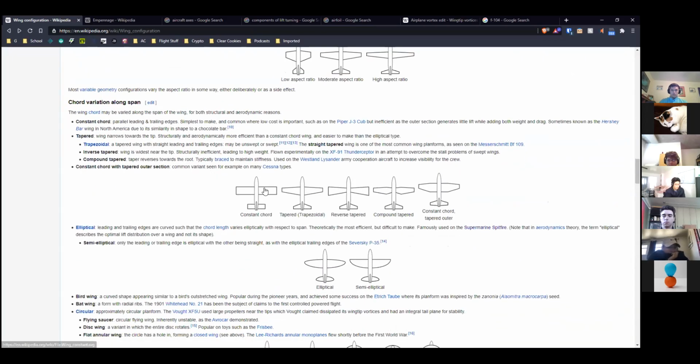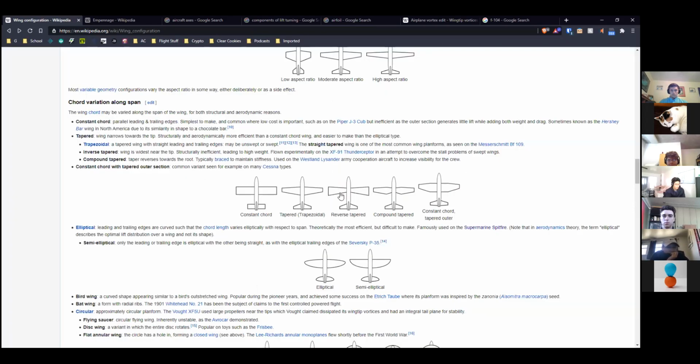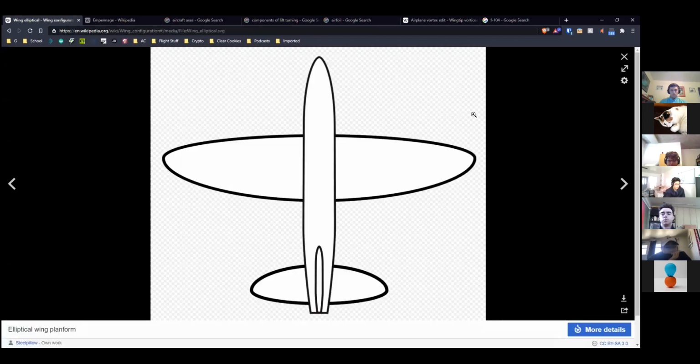But taper basically means that the root and the tip are connected by a straight line usually, whereas if you just have a functionally defined thing, like by an ellipse or whatever, then you still have a taper ratio, which is the difference between the chords, or you could have a taper function, but generally we wouldn't say that this wing has taper.